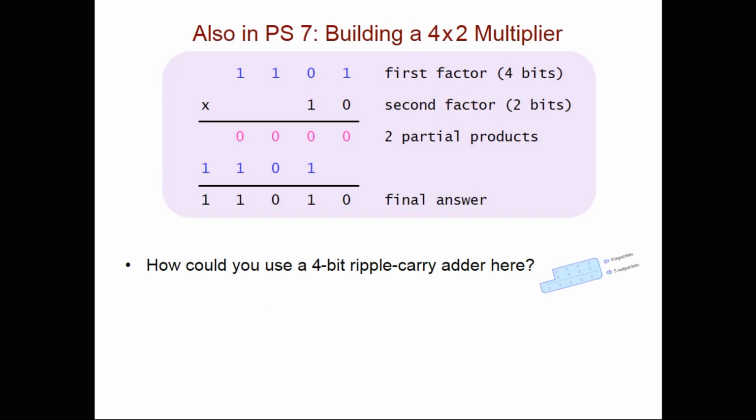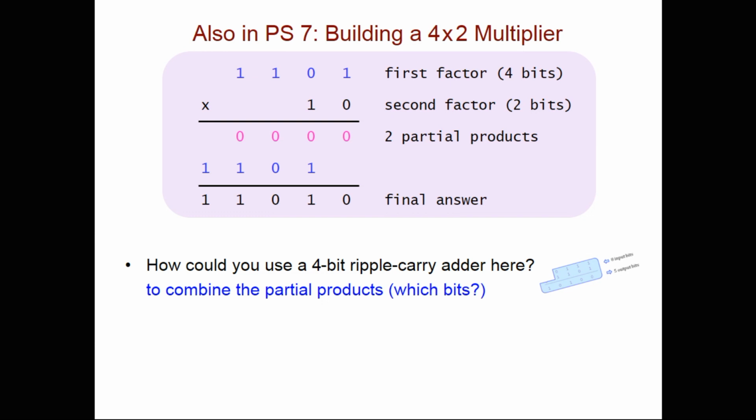So in a problem set, you will be asked to build a 4x2 multiplier, and after getting the initial results, we need an adder that adds up these intermediate results of multiplication together.